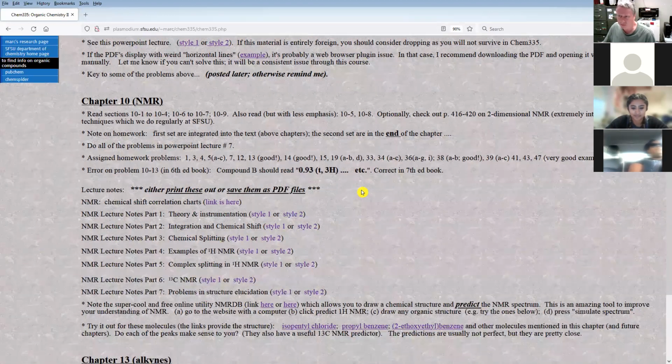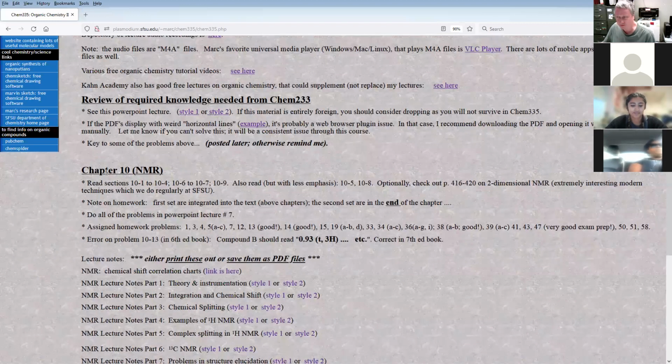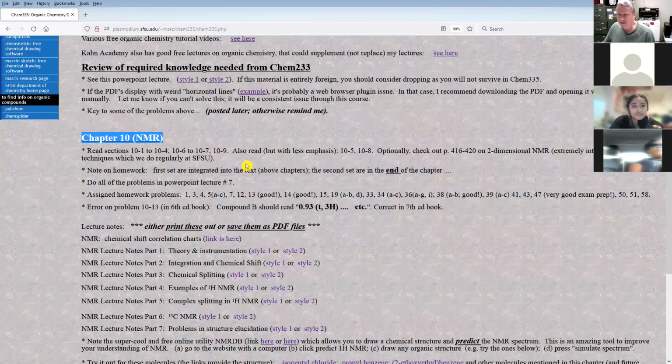And we already see some of the stuff we'll be talking about. Chapter 10 will be where we continue from Organic 1. It's the NMR chapter. This is also where I provide some optional homework assignments and reading assignments. I really think you should do those things, but they're not required in the course.